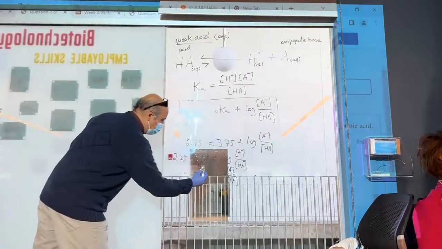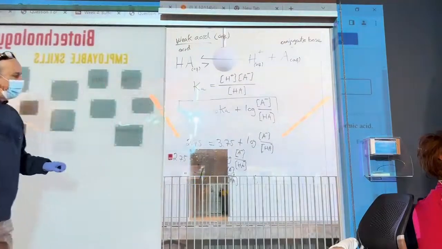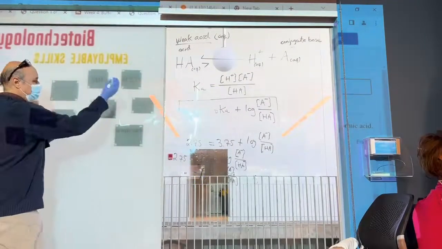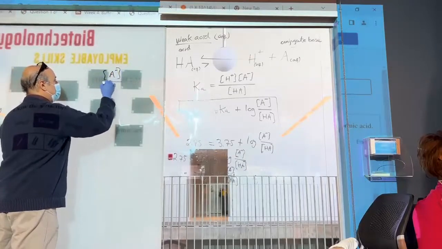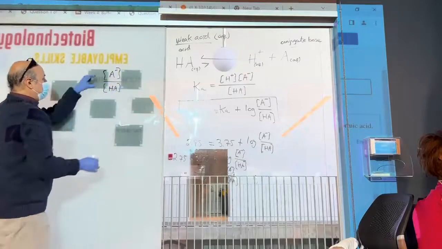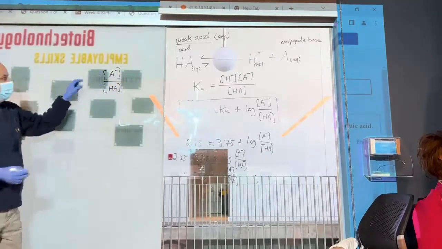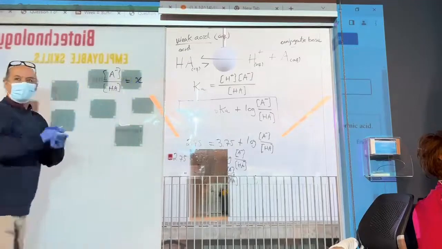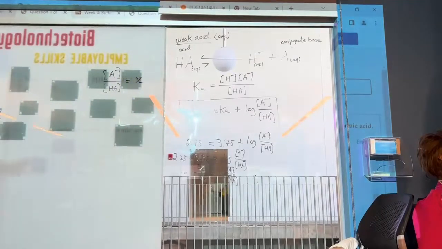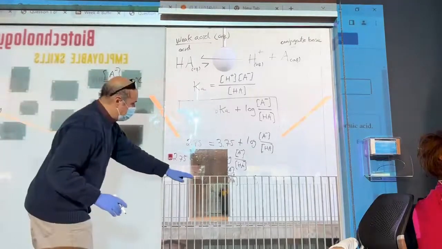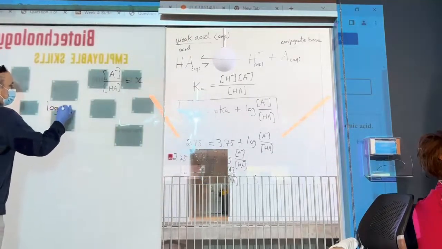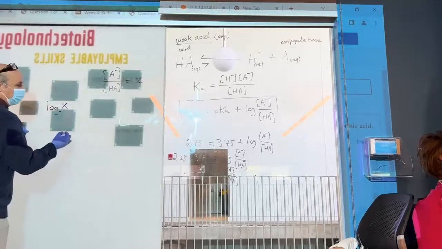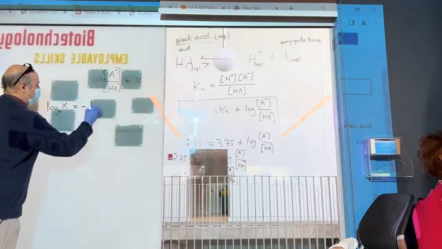To make this more visually pleasant, in my brain this works better, I'm going to call that fraction, that ratio, x. I'm just going to call it x to make this look a little bit less intimidating. So I'm going to move this over here and rearrange it. I'm going to say log of x, it's log base 10, but we always forget, equals -1, right?